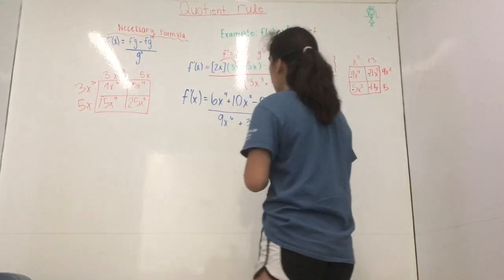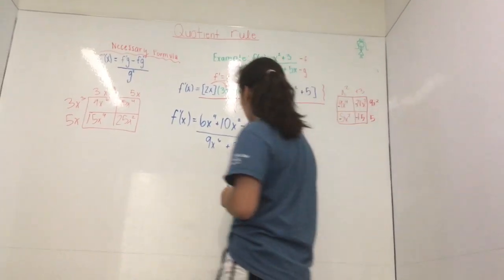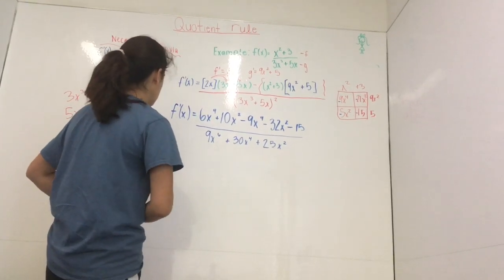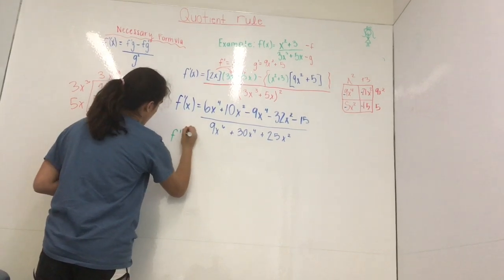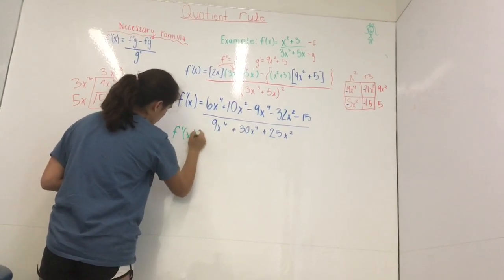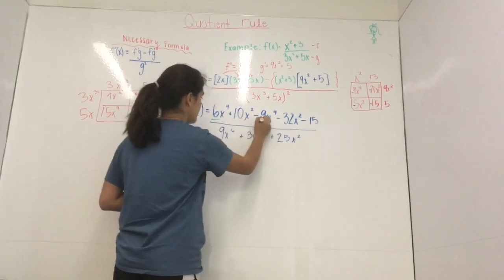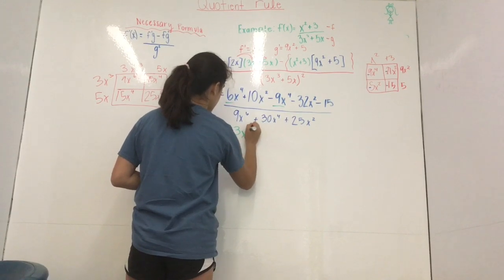Now we can combine like terms in the numerator, in our green marker, which will then equal our final derivative. Combining these two terms gives minus 3x to the fourth.